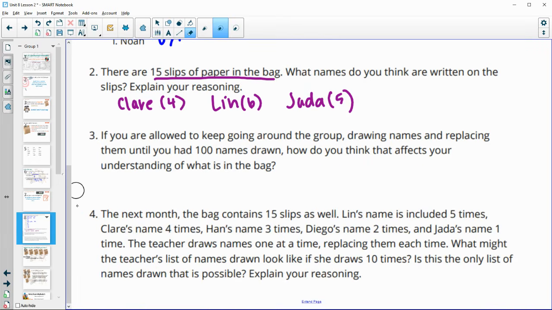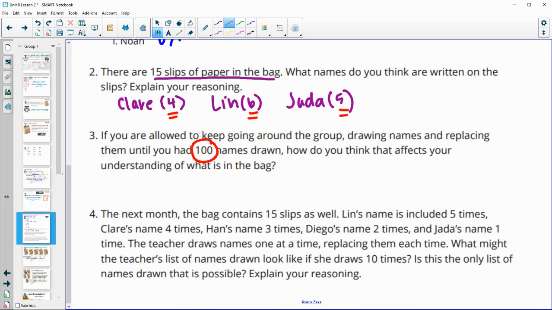If you were allowed to keep going around the group drawing names and replacing them until you had 100 names, how do you think that affects your understanding of what's in the bag? Here we've only drawn 15 and there's 15 slips. So in order for us to know that these actually are the number of people's names in the bag, we would have had to have drawn basically each name once, and the likelihood of that happening is pretty low.